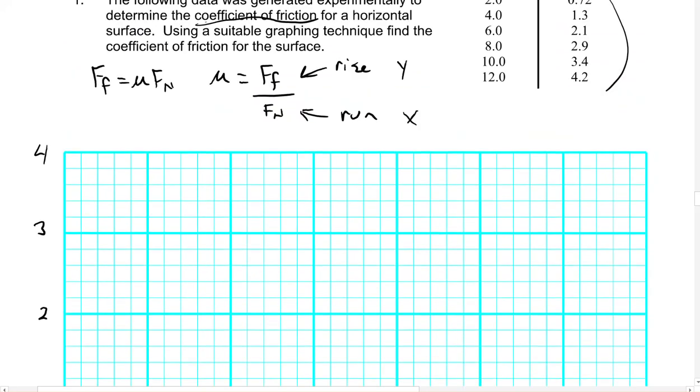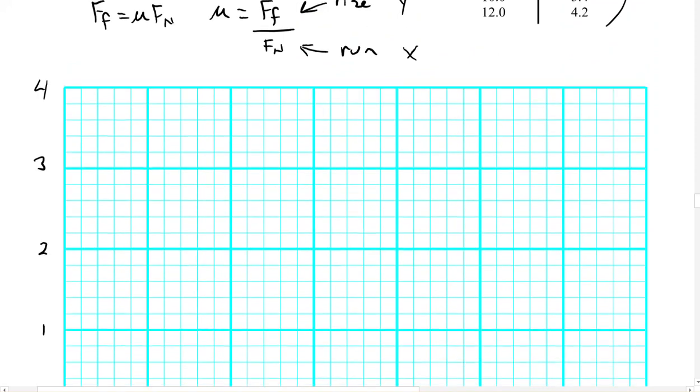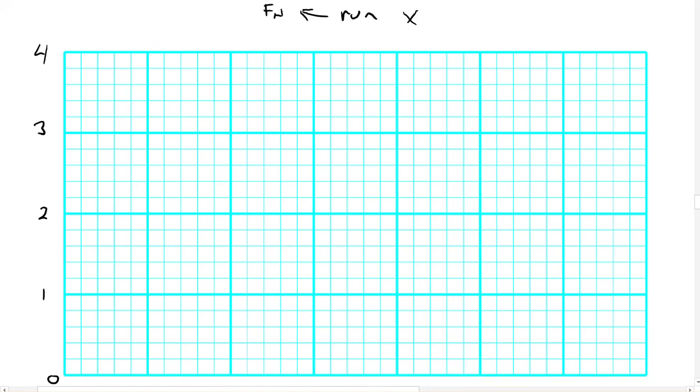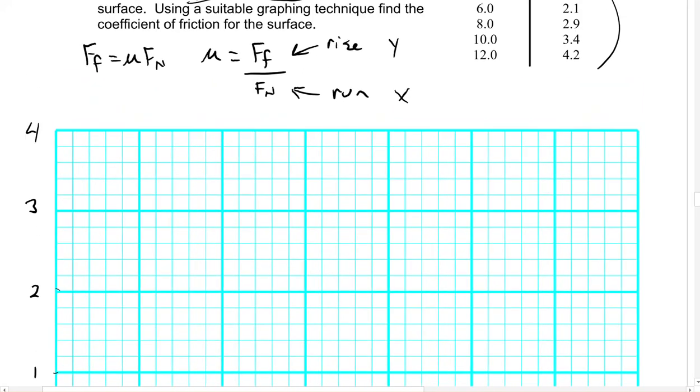This last point is 4.2. For this case, I'd just leave it like that. I wouldn't change the scale drastically, because this works out so nicely with these big lines being 1, 2, 3, 4. I'll just put this point a little bit above the top.